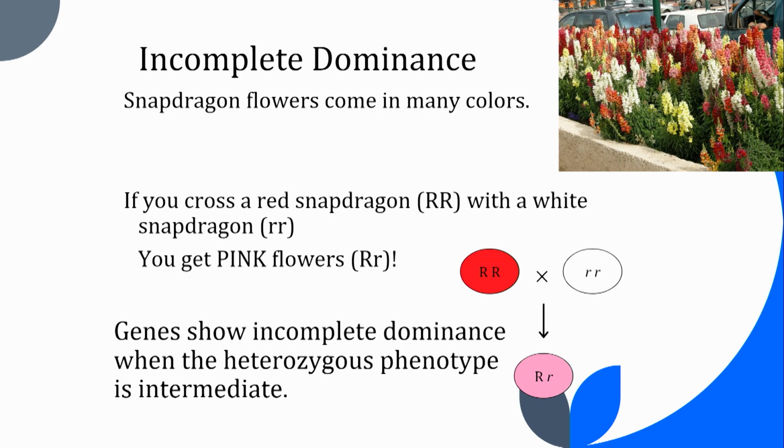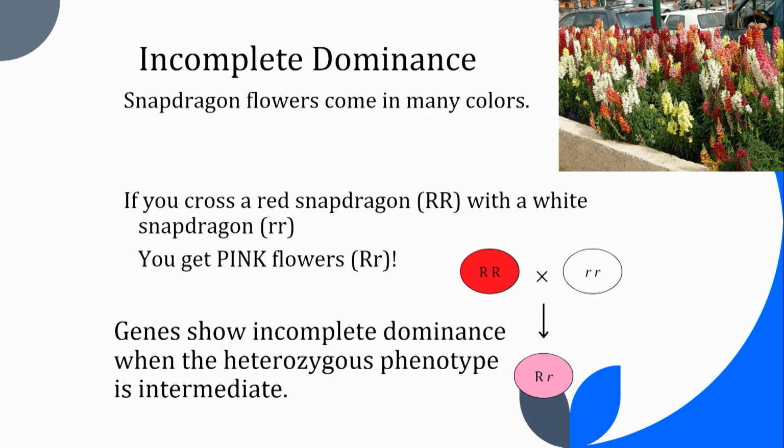What's going on here is that if you crossed a red snapdragon flower, which we would designate as being homozygous dominant, with a white snapdragon flower, which we'll designate as being homozygous recessive, when you make that cross, you're going to get a lot of heterozygous individuals, which means they're going to have one capital letter and one lowercase letter. But what happens here is that the colors are going to mix instead of the red overpowering the white one entirely.